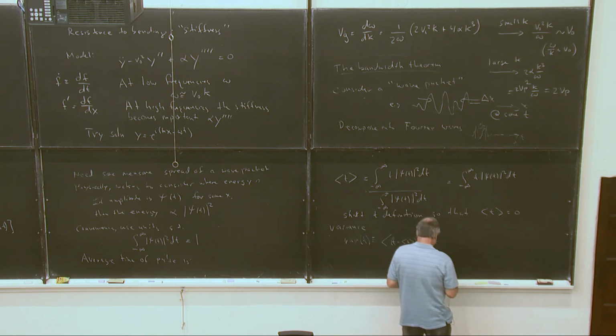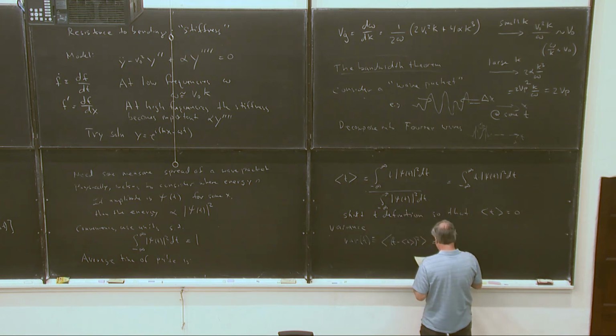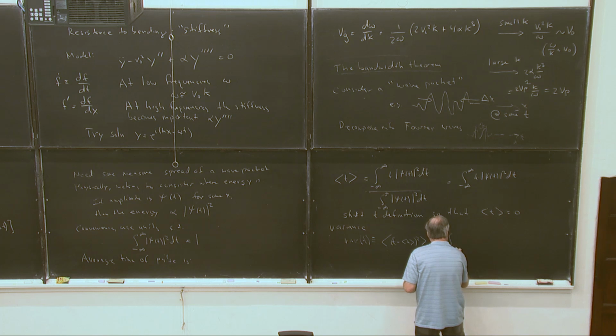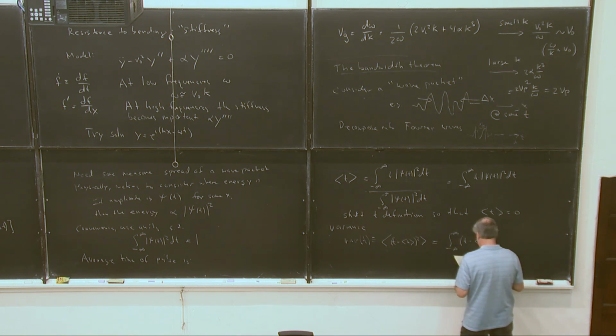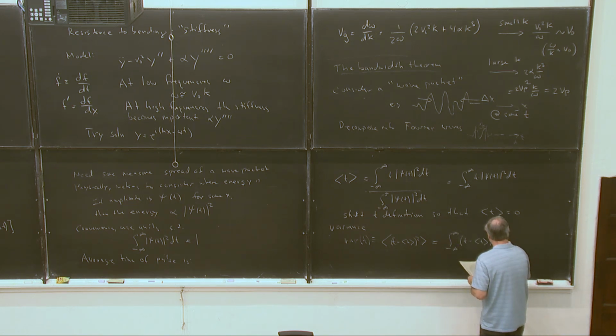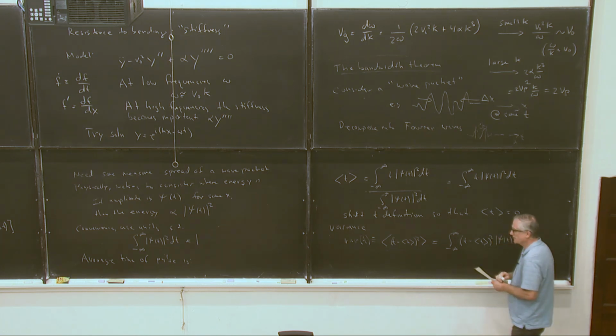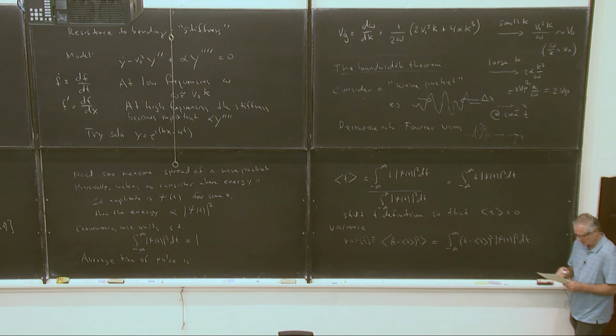Okay. And so that's just equal to the integral from minus infinity to infinity. So this expectation value, this averaging, is just t minus average t, squared. Of course, that average t is going to be 0. Psi of t squared dt. So that's by definition what the variance is.